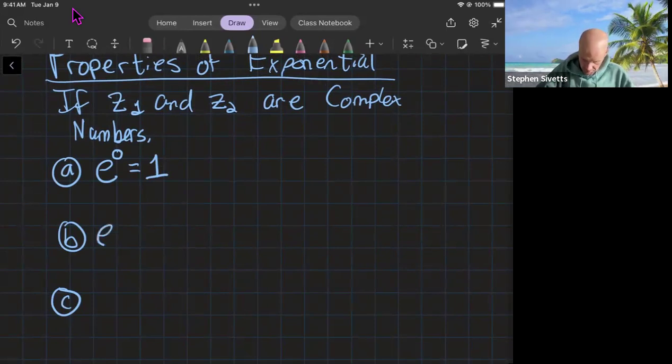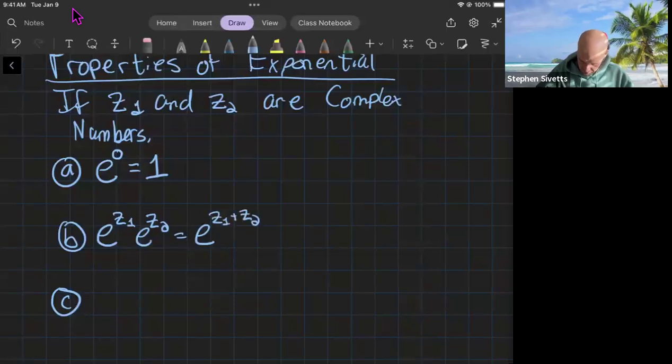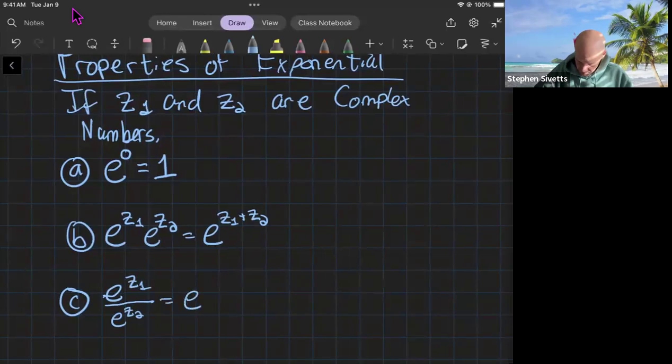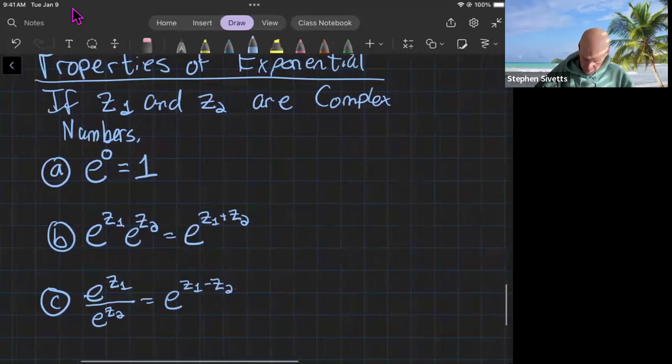Second, e to the z1 times e to the z2 equals e raised to z1 plus z2. Third, e to the z1 divided by e to the z2 equals e to the z1 minus z2.